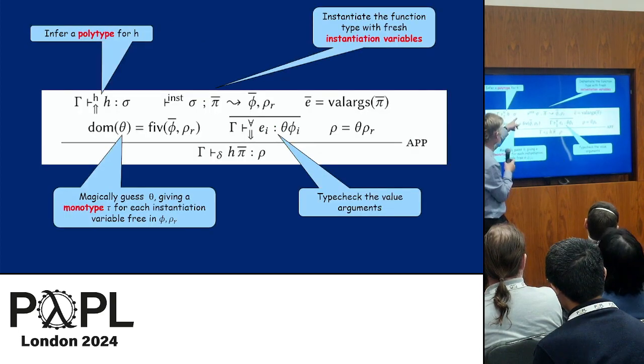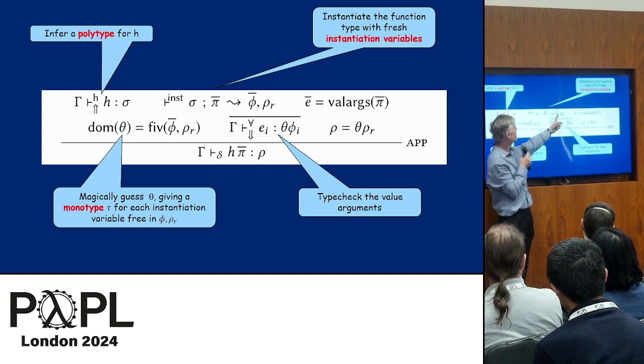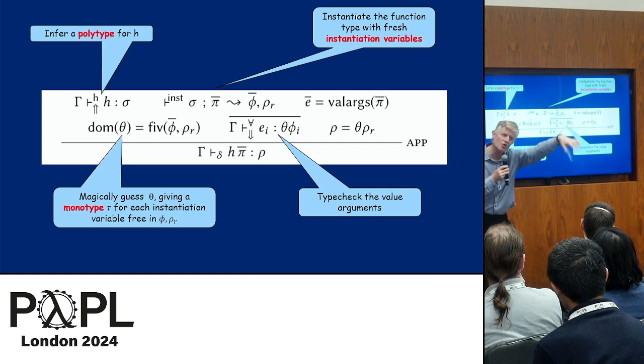Now what else happens? So now we know the type of the function. Now we have to instantiate that type, because it's got some foralls floating about. So this is a complicated judgment. Think of it this way: input is the sigma type of the function, and the list of arguments pi, and I'm going to get out the instantiated argument types phi, and the final result rho at the end, in the corner, right?